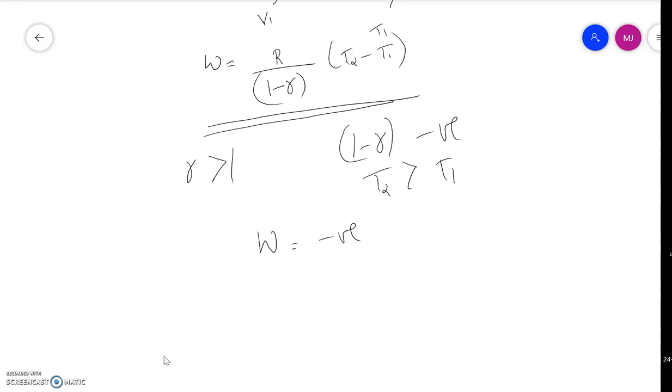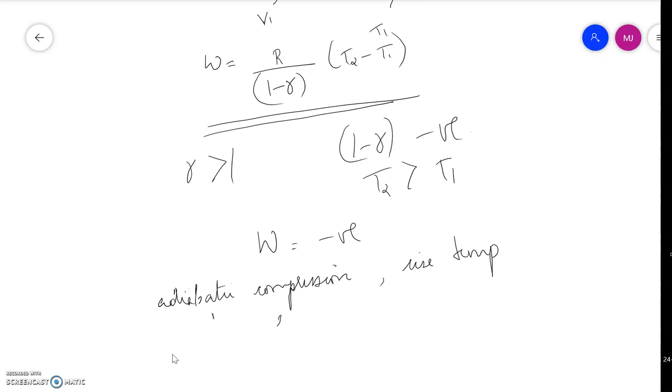Or in other words, we can say that during adiabatic compression, there will be a rise in temperature.